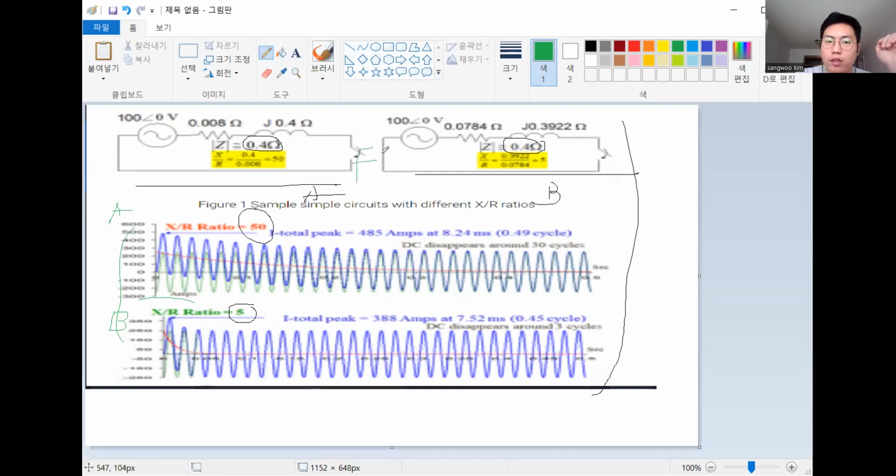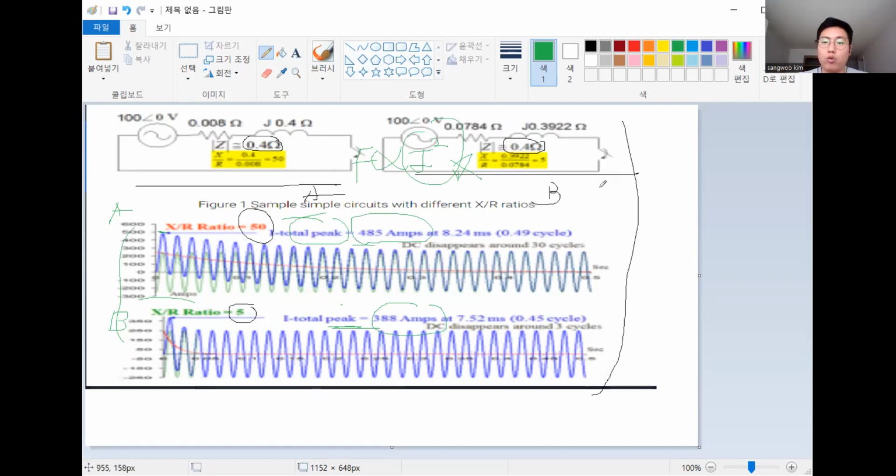The magnetic force is proportional to I squared, but this is the instantaneous value, which means the peak value. You can see here, when the R/X ratio is lower, the peak value is 388 amperes, but if the ratio is higher, the peak value is 485 amperes, which is a really big difference.